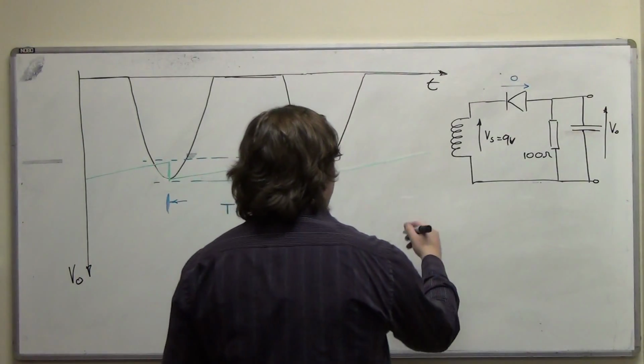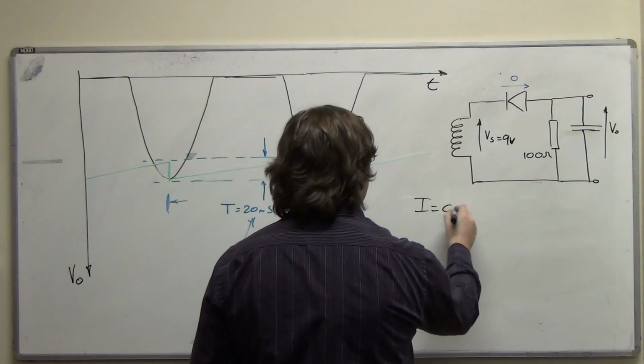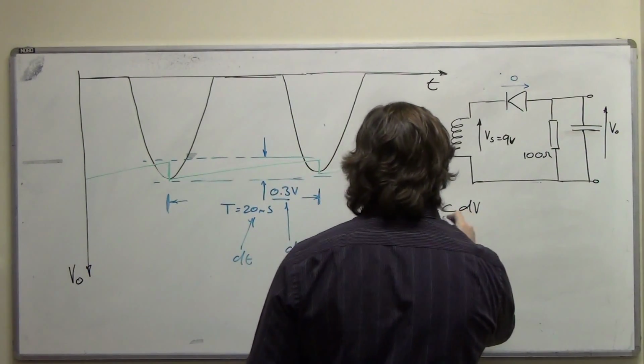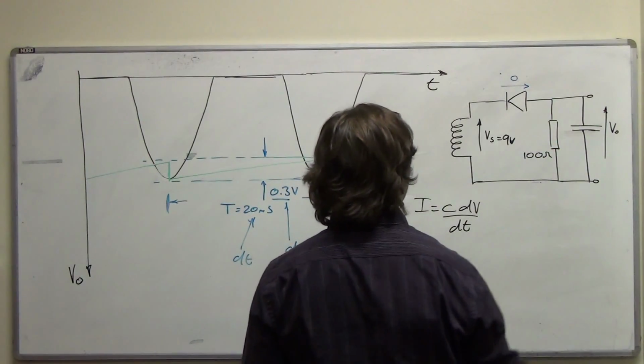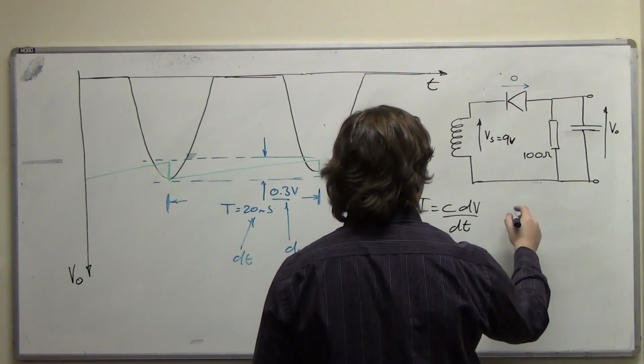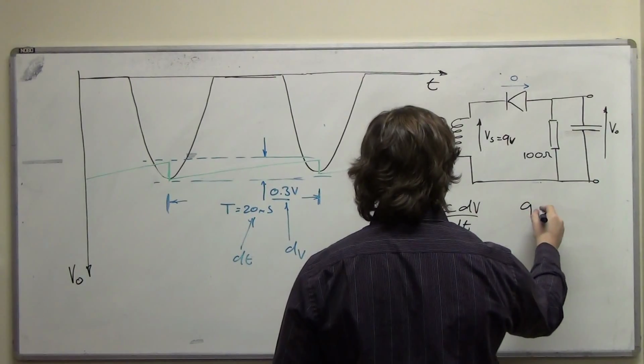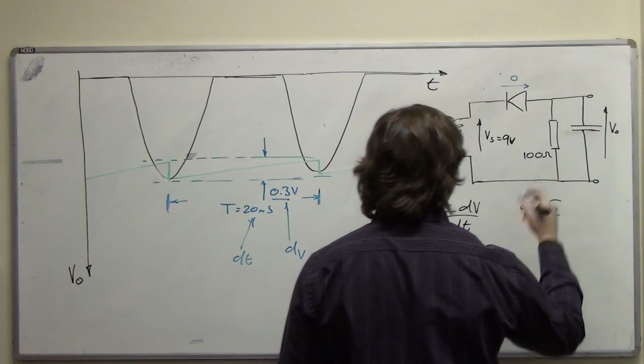So we can say that for a capacitor, I is equal to C dV by dt, and we can say that the load current will be 9 times root 2. This is the peak load current.